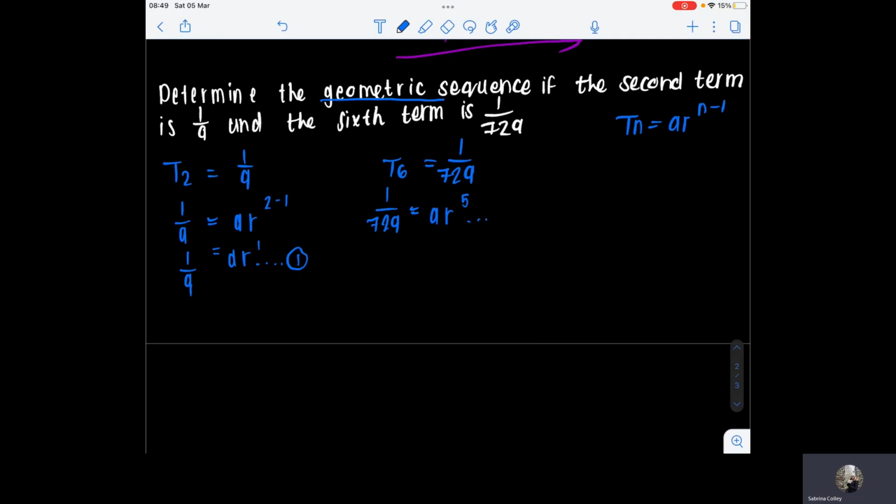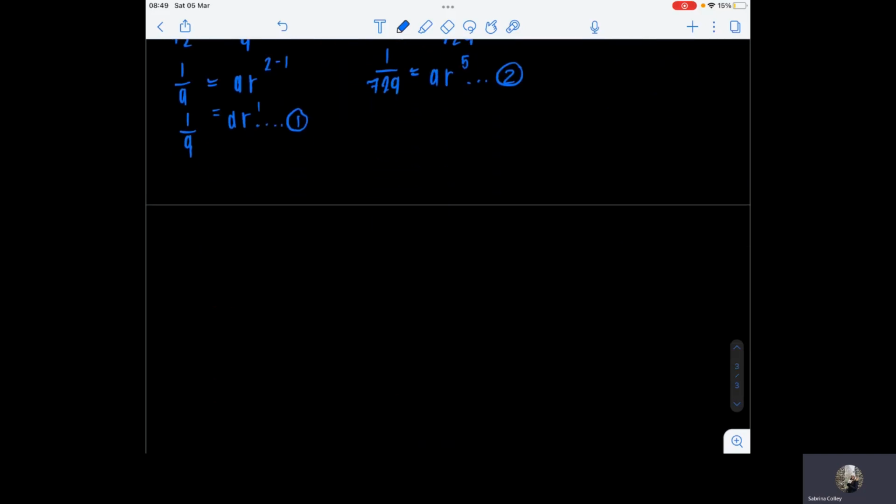Now you can go into an ugly simultaneous equation, or we can just take equation 2 divided by equation 1 and use our exponential laws. So if we take equation 2, 1/729 is equal to AR to the power 5, and I divide both sides by number 1.